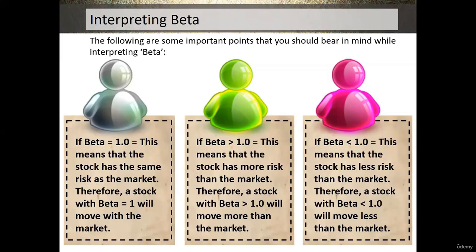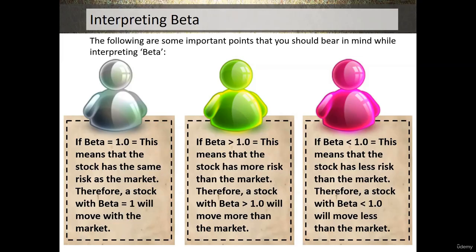So if the Nifty has increased by 10%, my stock will also give me increased returns by 10%. If the market falls by 10%, my stock will give me reduced returns by 10% itself. So equal performance with regard to the overall market. Okay, so that is the interpretation.